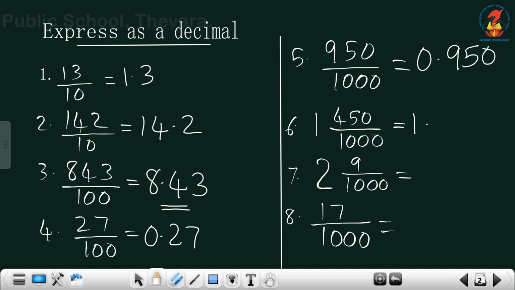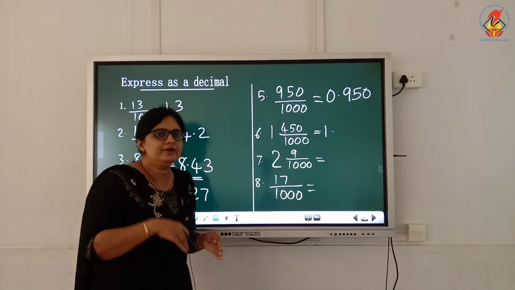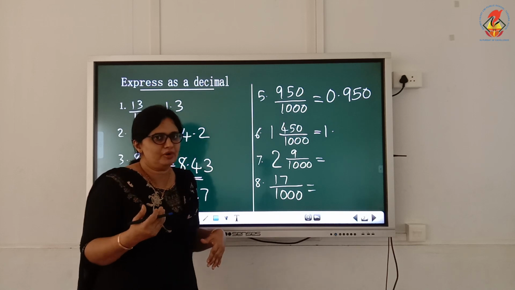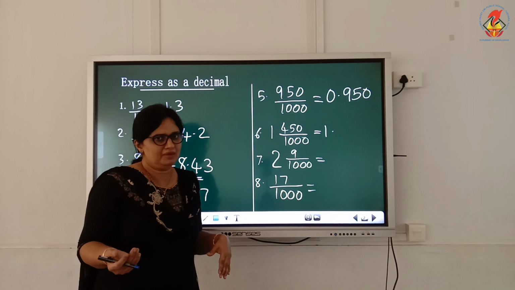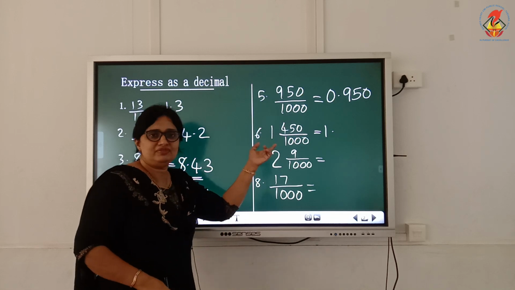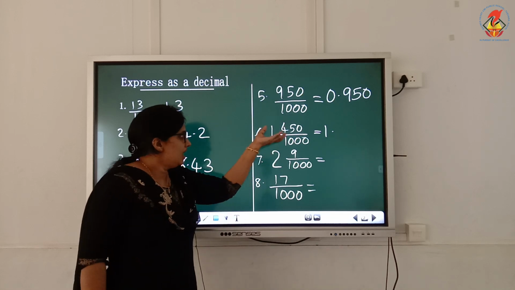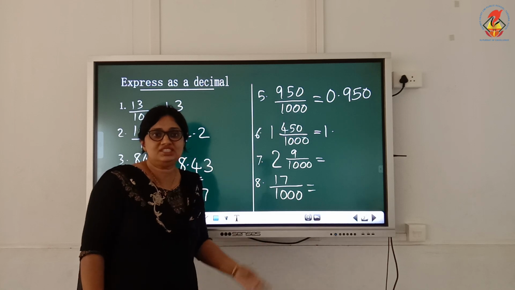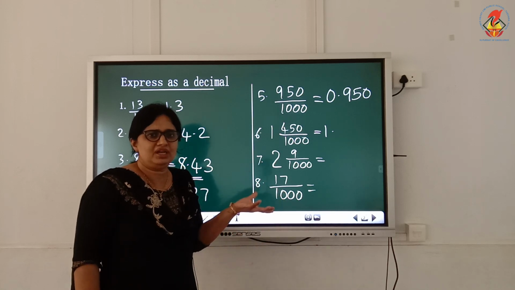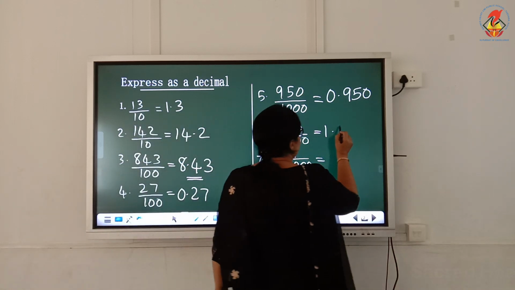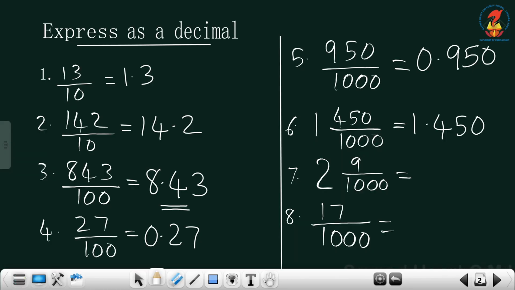First part is the whole number part, and after the decimal point, the next part is the decimal part. Here the whole number is 1 only, and 450 divided by 1000 is the decimal part. What is the decimal? 0.450, because divided by 1000, so we need 3 decimal places.